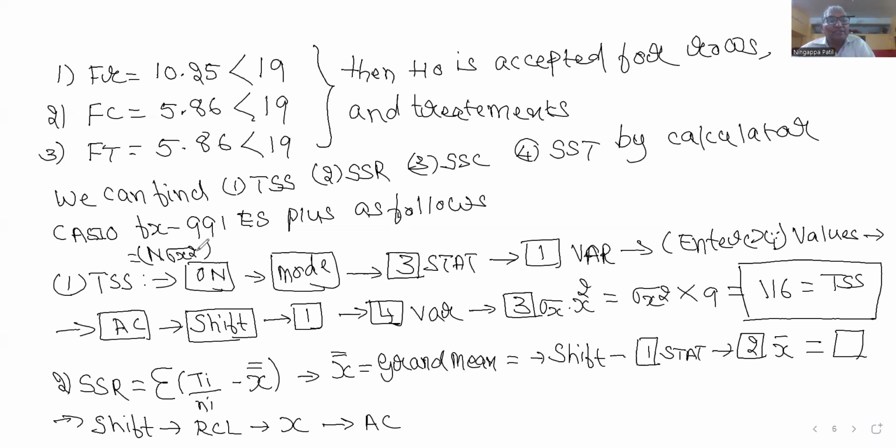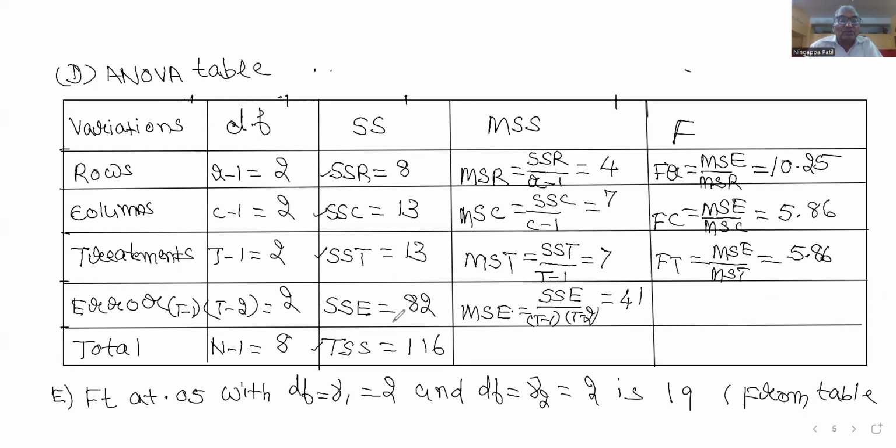So you press the x square button, and sigma x square appears on the display. Into n, n is 9. Into 9, 116 is coming. That is the TSS value. That TSS value you can enter here. TSS value of 116.